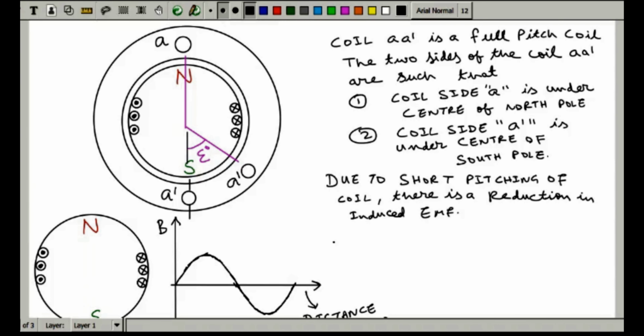And pitch factor will let you know the reduction in the induced EMF due to short pitching of the coil.